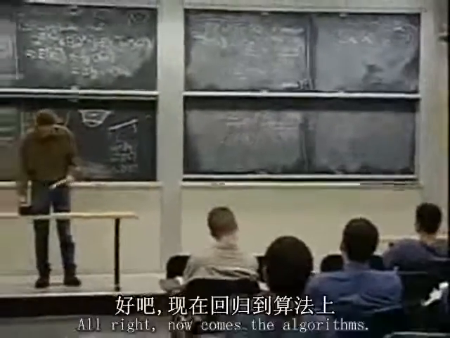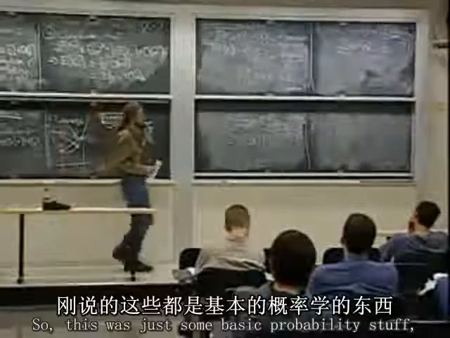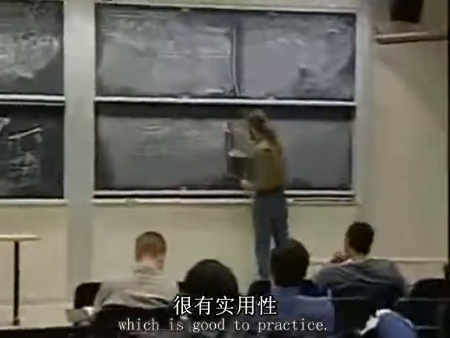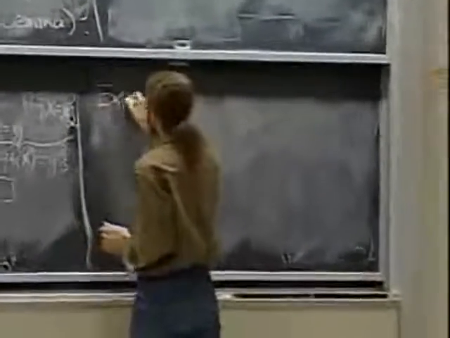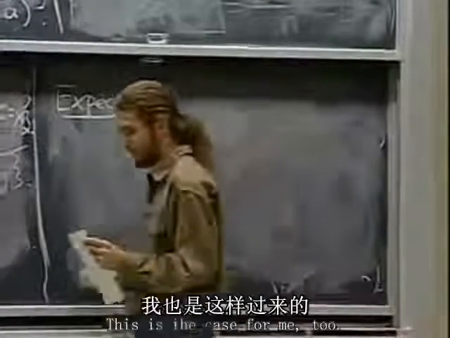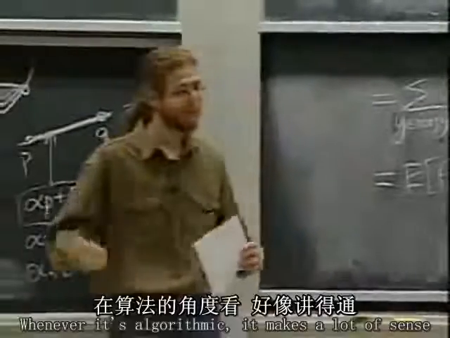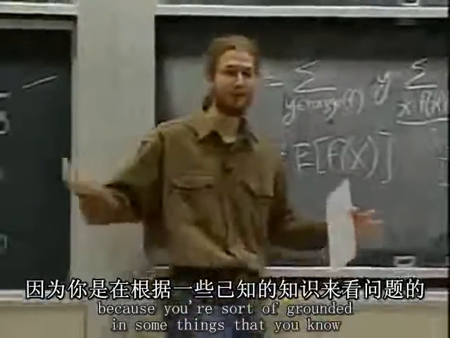All right. Now comes the algorithms. So this was just some basic probability stuff, which is good to practice. We could see in the quiz, which is not surprising, this is the case for me too, you have a lot of intuition for algorithms. Whenever it's algorithmic, it makes a lot of sense, because you're grounded in something that you know, because you're a computer scientist.